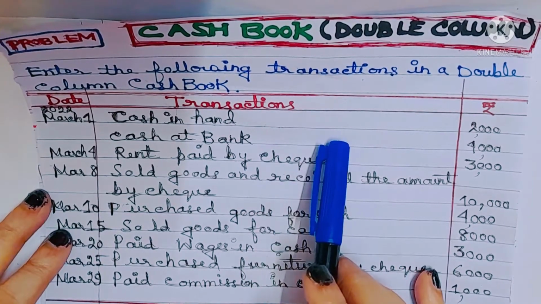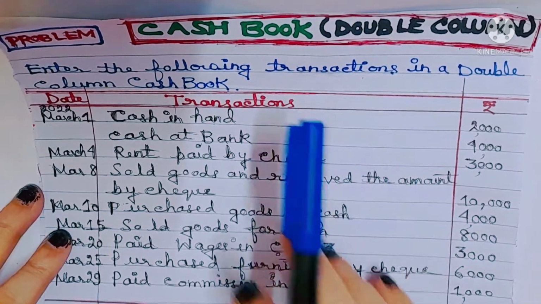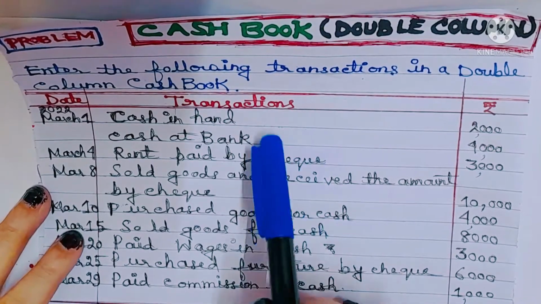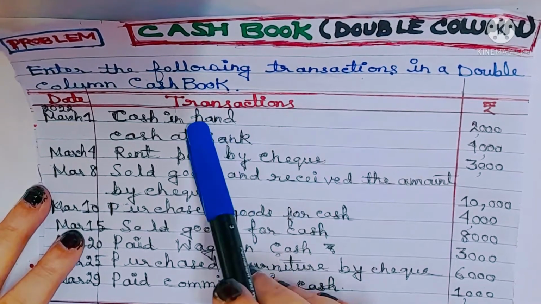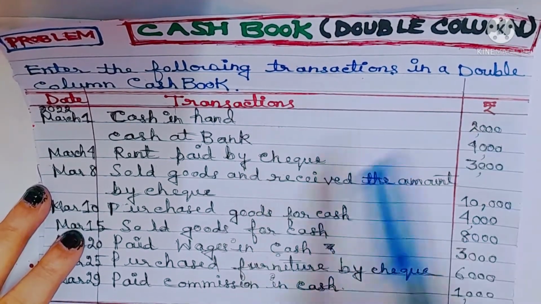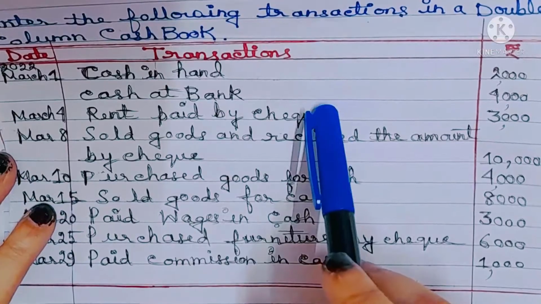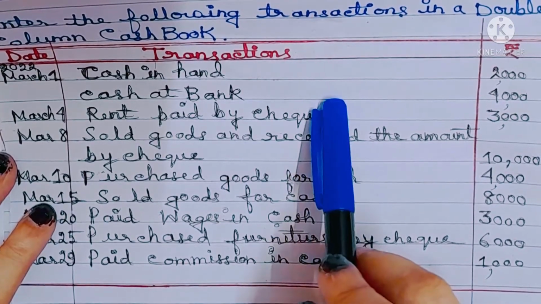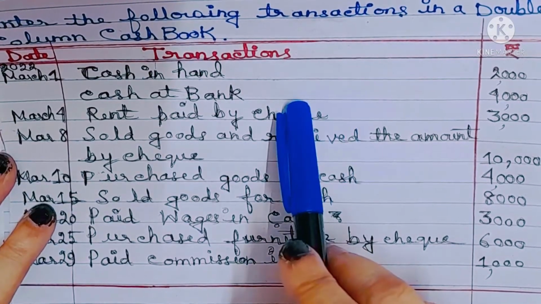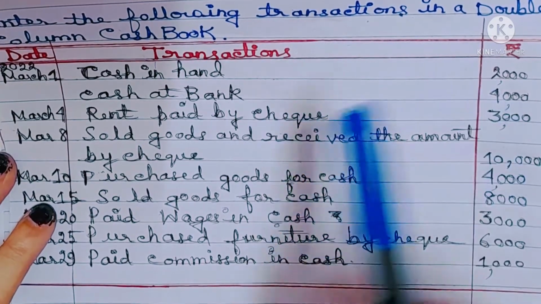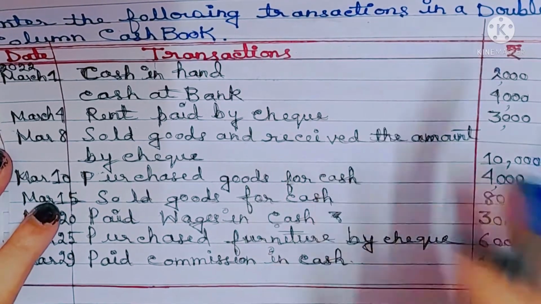So we'll have to write on the debit side in the cash book, in the cash column, to balance BD 2000. And we'll have to write to balance BD in the cash book on the debit side in the bank column 4000. Okay, so let's write.